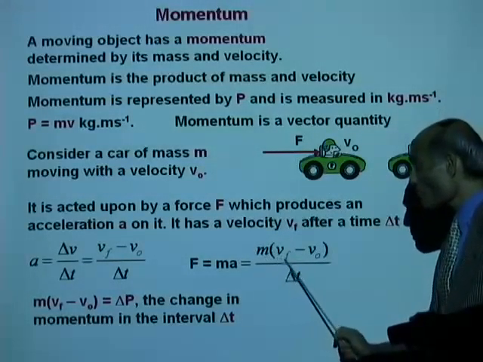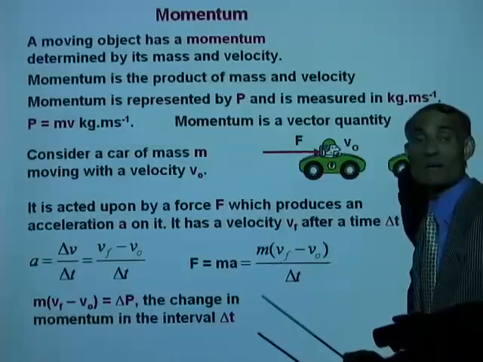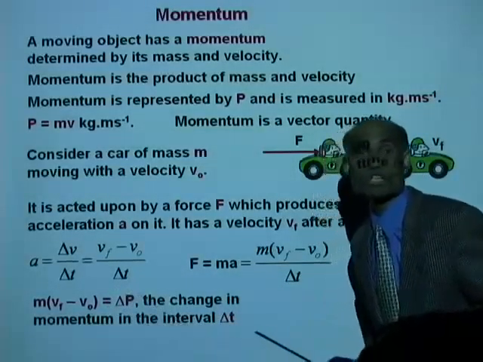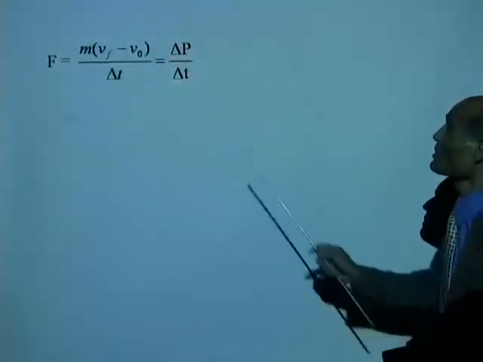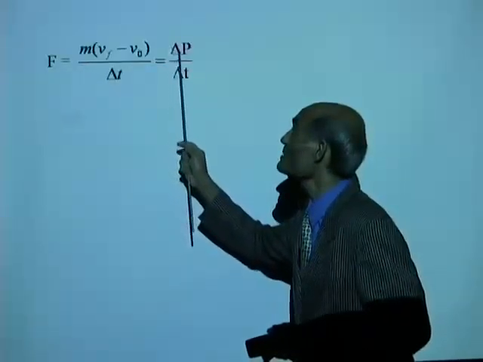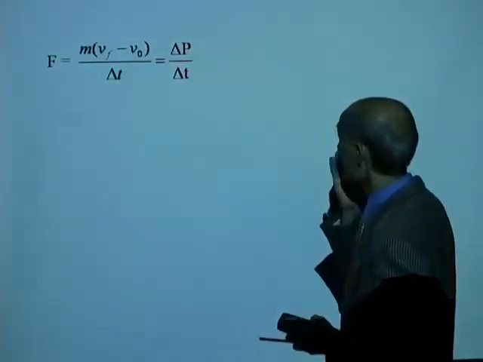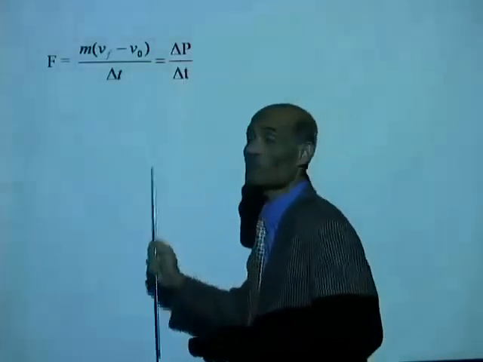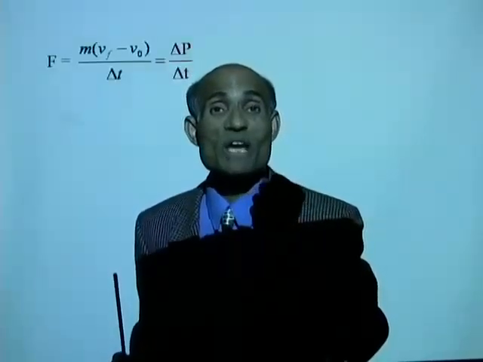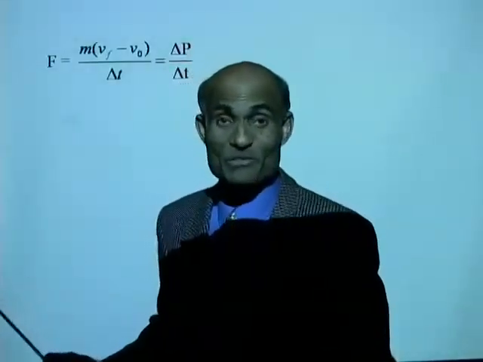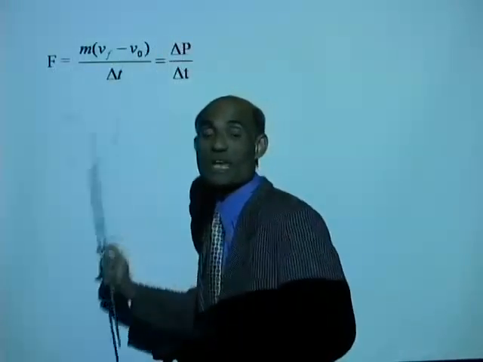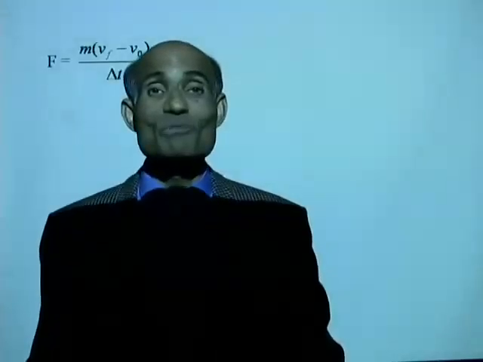So I can replace that numerator m times (vf minus v0) by the quantity delta P. So I have the force acting on the car equal to delta P divided by delta t. What does delta P divided by delta t represent? The rate of change of momentum. So force is a measure of the rate of change of momentum of a moving object.